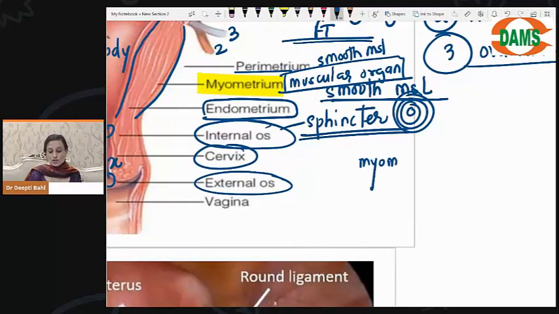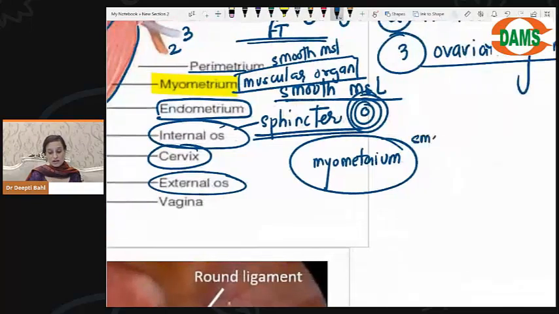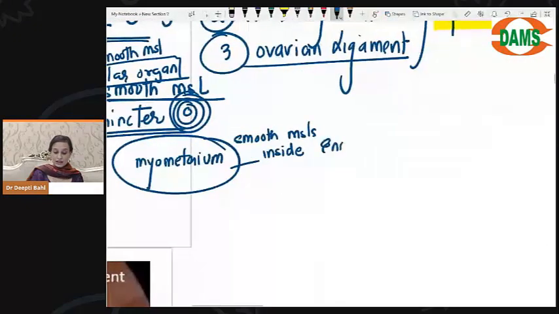Most of the body is made up of myometrium. So the uterus is a muscular organ made up of smooth muscles. On the inside of the myometrium, there is going to be endometrium. And on the outer side of the myometrium, there is going to be perimetrium.